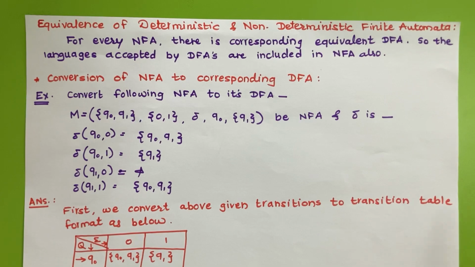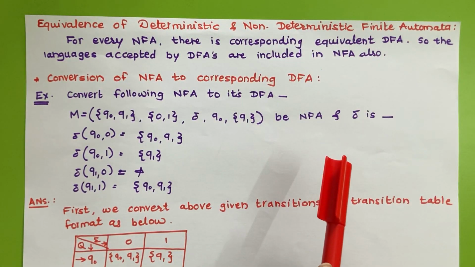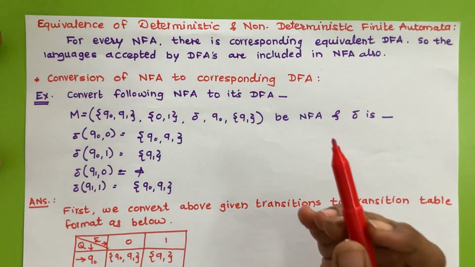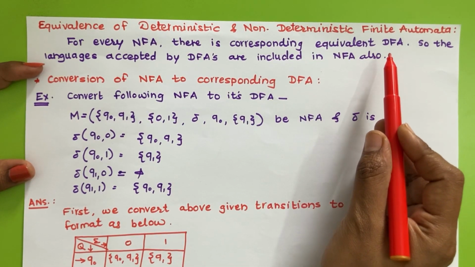Now the topic is equivalence of deterministic and non-deterministic finite automata. We'll see what is the relation between deterministic and non-deterministic finite automata. For every NFA there is a corresponding equivalent DFA.